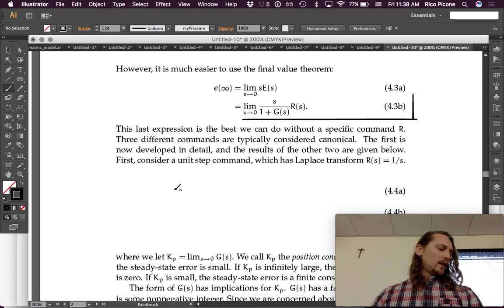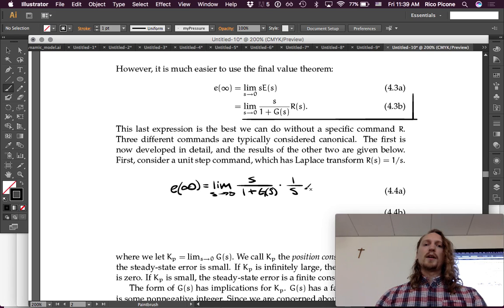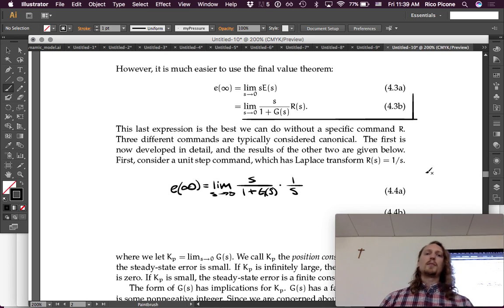E of infinity equals, from 4.3b, the limit as s goes to 0 of s over 1 plus G of s, times, instead of R of s, 1 over s, which is the Laplace transform of the step.